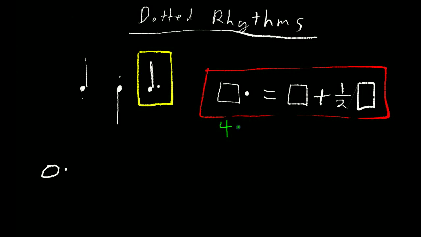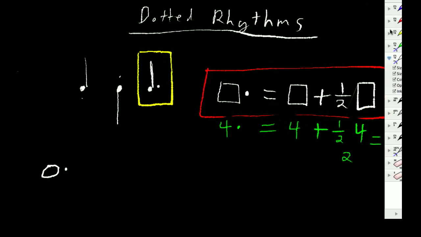So we've got our dot next to it. So we take what we were given, which was 4, plus 1/2 of 4. What's 1/2 of 4? Well, that's 2, right? So then we're just taking 4 plus 2, and we're getting 6.